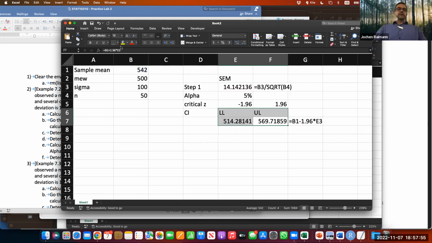Just looking at these two values, this is our 95% confidence interval. We're comparing this now to our mu, which is the value of interest. What can we conclude out of that? You now have the lower and upper limit of the 95% confidence interval.